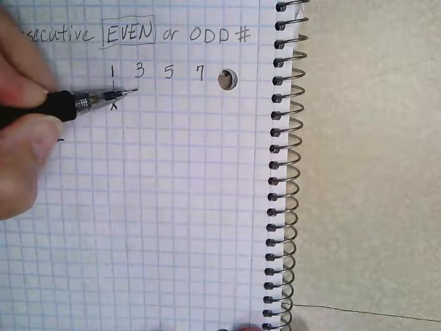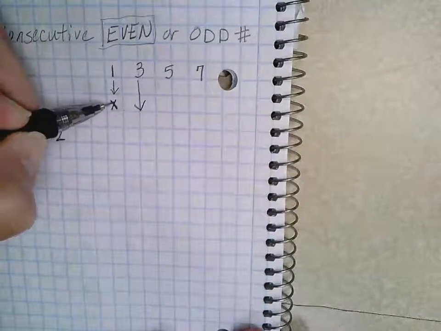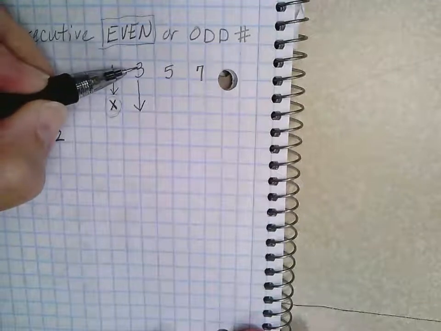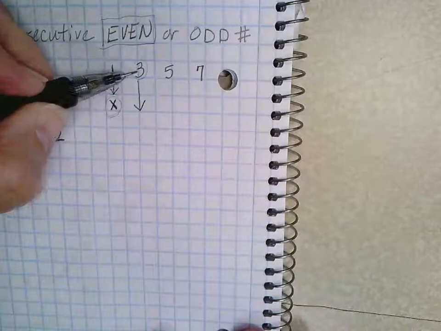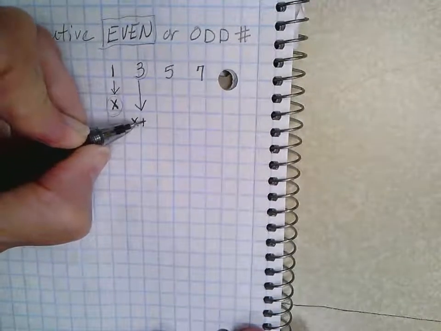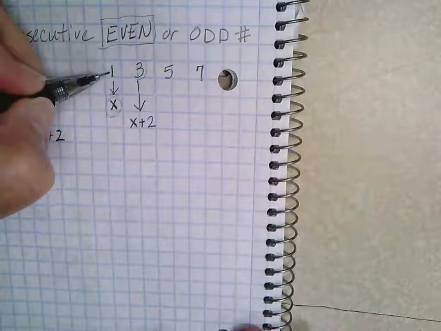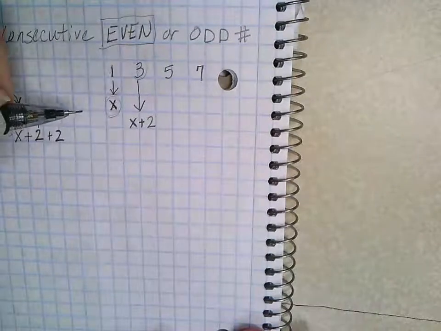When I ask myself what would my second number be in terms of x, if I was going to look at x and add something to it to get to this number, I would be adding 2. Again, I'm skip counting, but this time I am just skip counting beginning with an odd number. 1 plus 2 does give me 3.